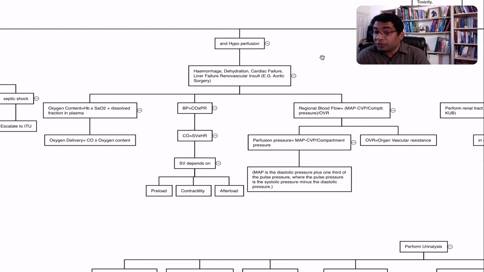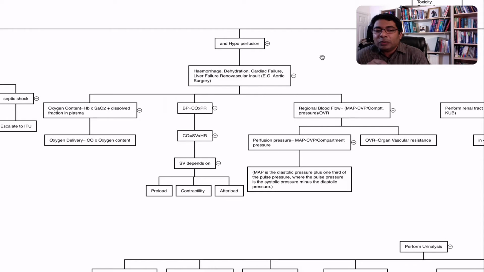The cardiac output is dependent upon the stroke volume and the heart rate. So if the heart rate is poor, or there are brady or tachyarrhythmias, then you have to do the ALS protocols, which is essentially attempting rate or rhythm control so that the cardiac output is maintained. And the stroke volume is also dependent on preload, contractility, and afterload. It's very important to realize that it's dependent on all three.